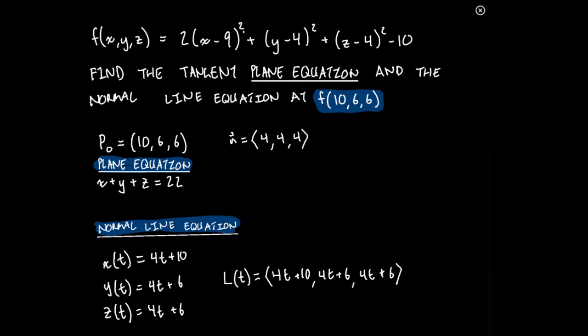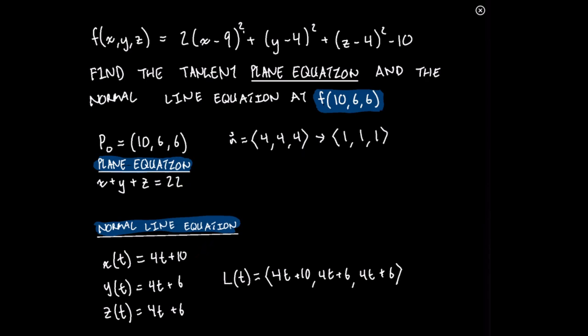So let's say that instead our value is going to be 1, 1, 1. We multiply by 1/4. Now, this vector still has exactly the same direction as this one, so it should work to give us both the plane equation and the normal line equation.